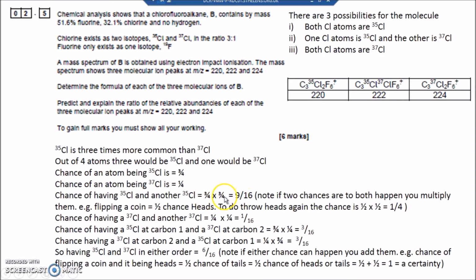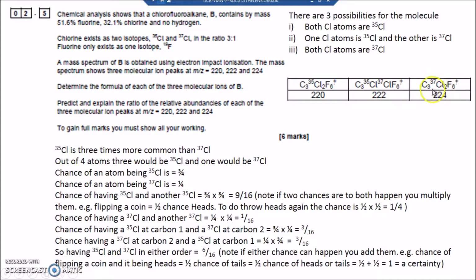You multiply the two fractions together. That's what you do. It's similar to, say for example, the chance of throwing heads are 50% multiplied by 50% is 25%. So it's a probability question.